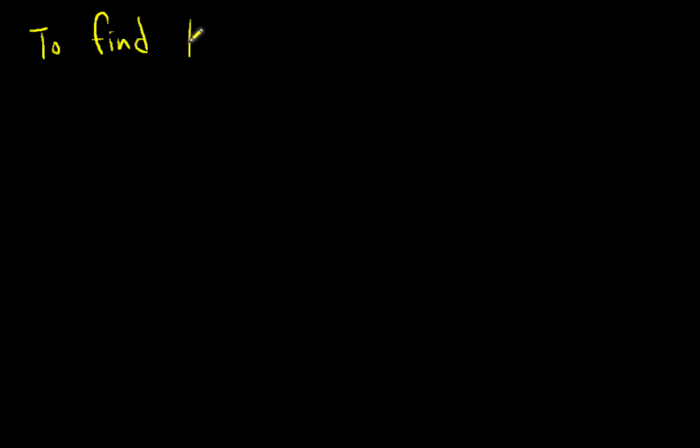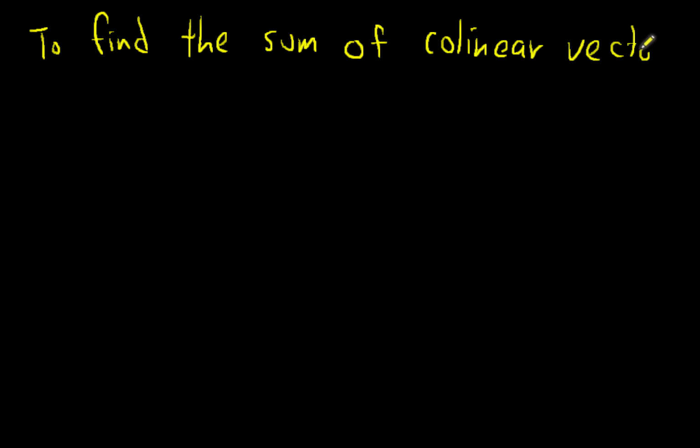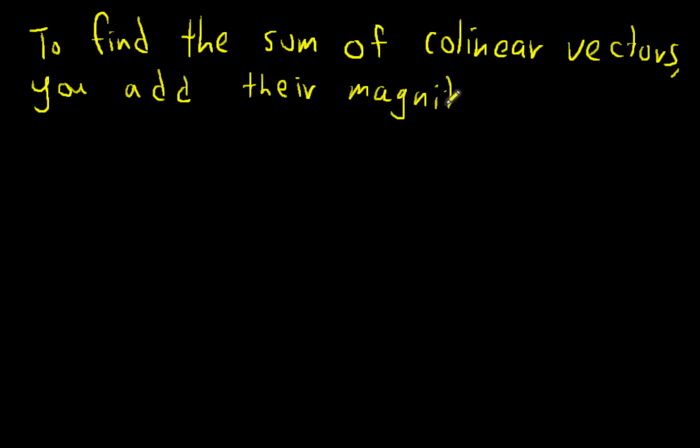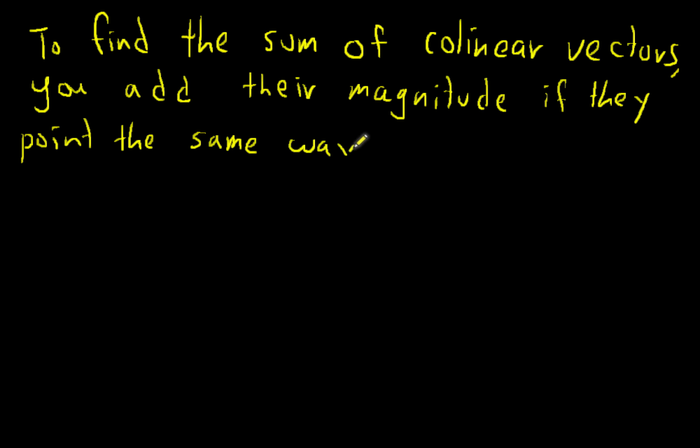To find the sum of collinear vectors, you must add their magnitude if they point the same direction, and subtract if they point in the opposite direction.